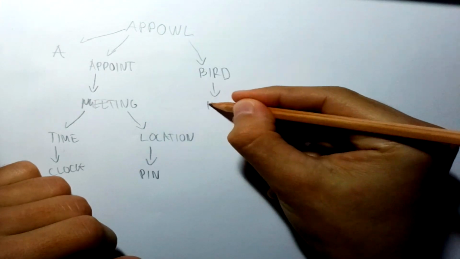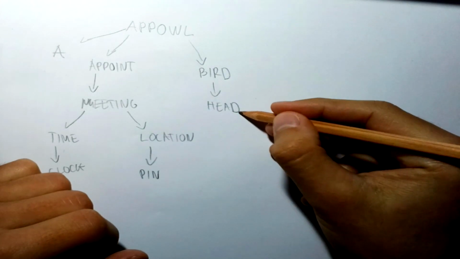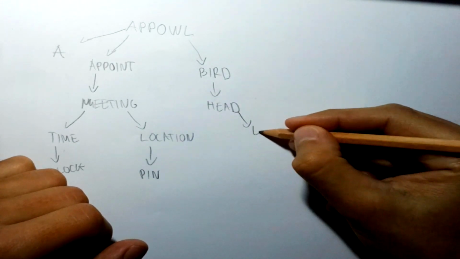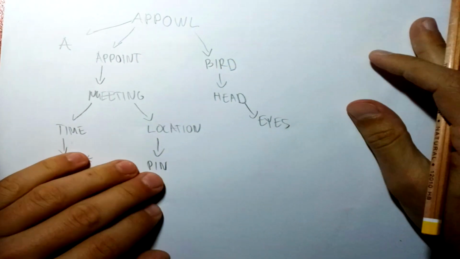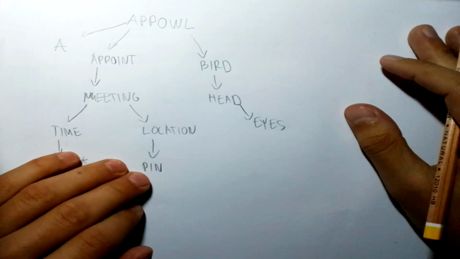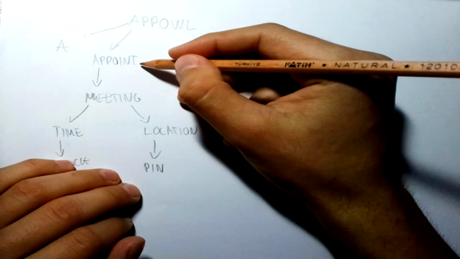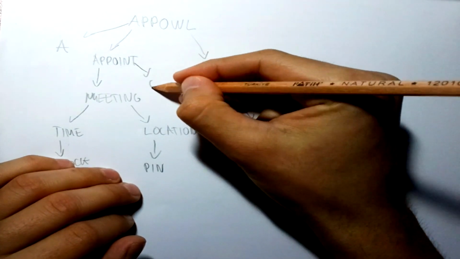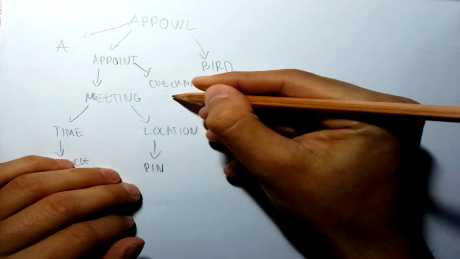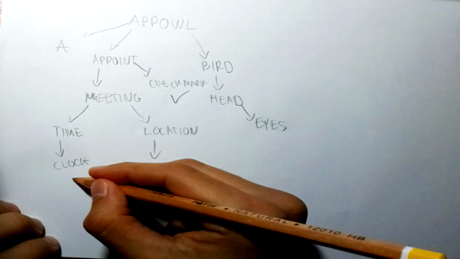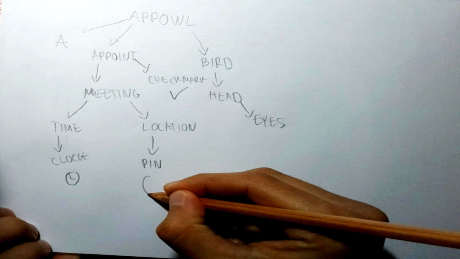Bird. Head. Eyes. Point. Check mark. Have the clock. Pin.